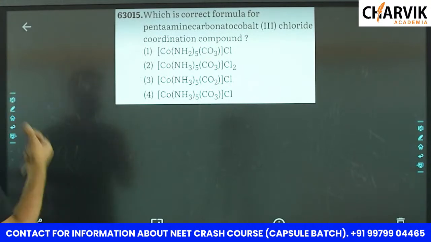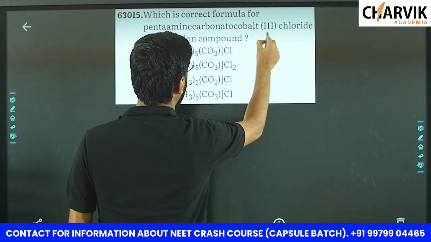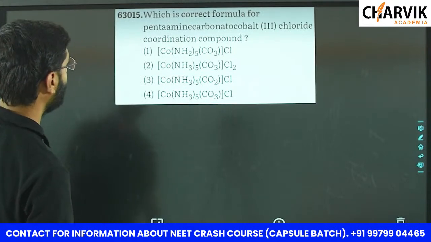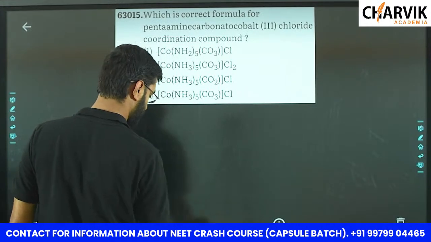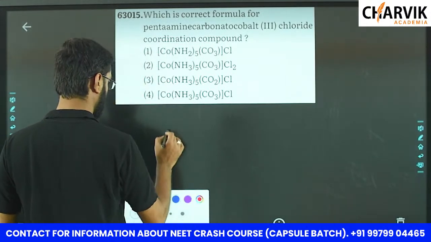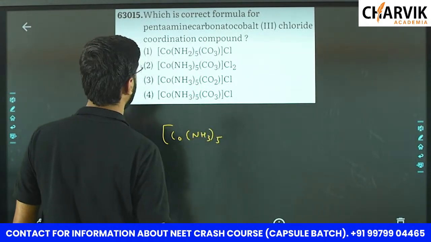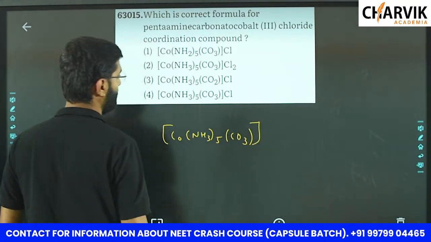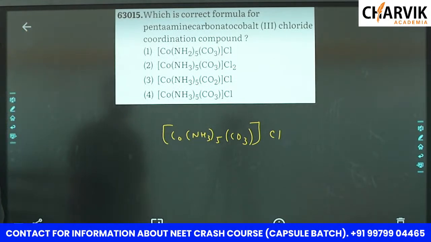Which is the correct formula for pentaamminecarbonatocobalt(III) chloride? Cobalt, pentaammine NH3 5 times, carbonato CO3 1 time, and chloride, and oxidation state of cobalt is plus 3.